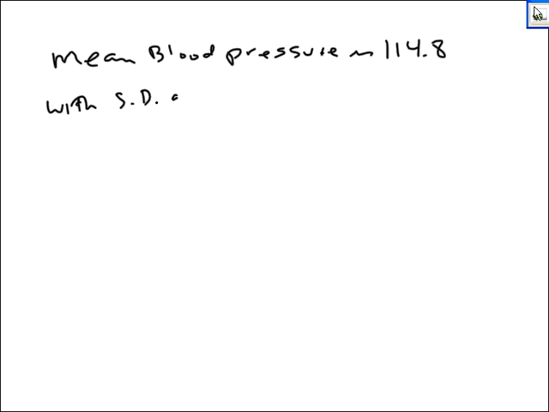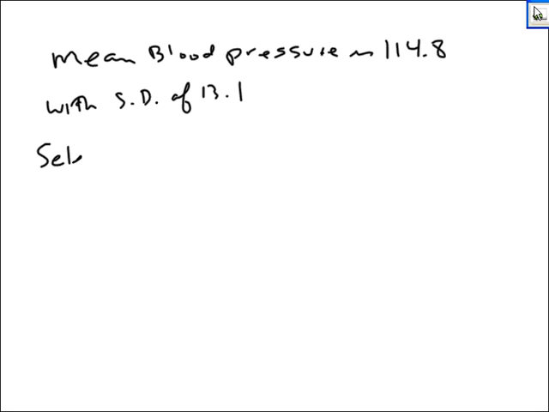So the mean blood pressure is 114.8, and the standard deviation is 13.1. If somebody is randomly selected, find the probability that their blood pressure is greater than 140.